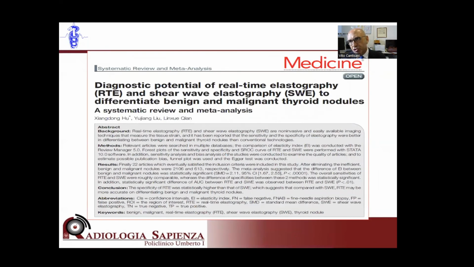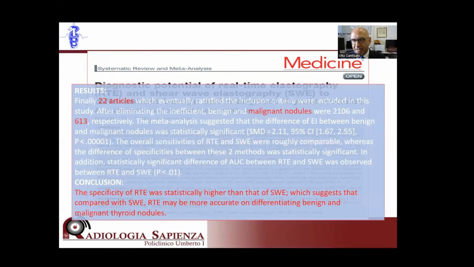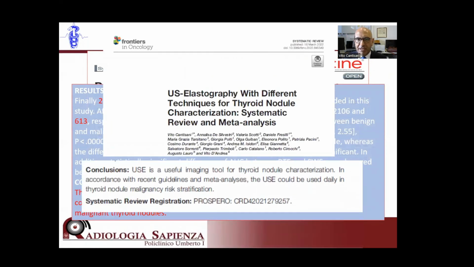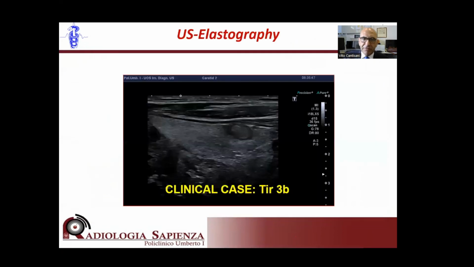And I show that with my equipment, strain elastography is quite better than shear wave, as was confirmed by this meta-analysis, and even more recently by our meta-analysis, showing that qualitative or semi-quantitative are really rivaling, but are for sure better than shear wave.